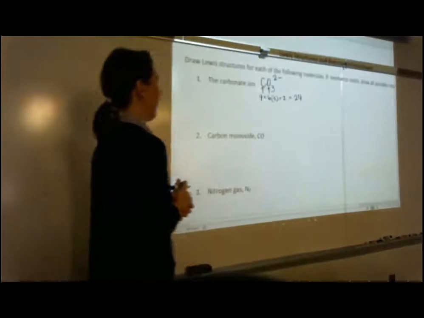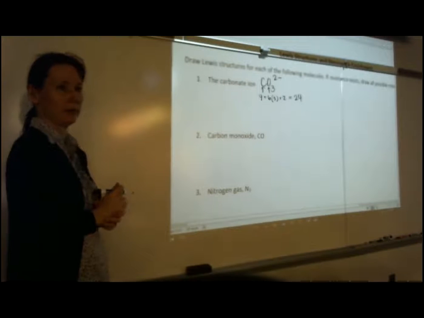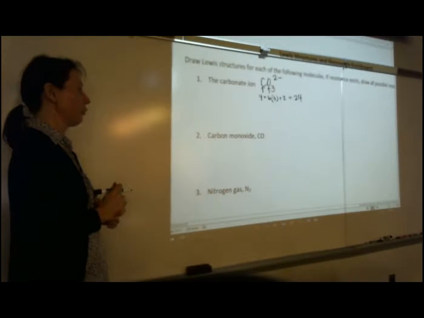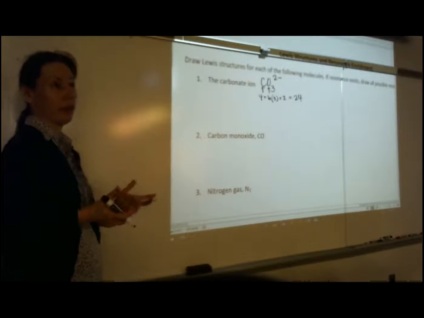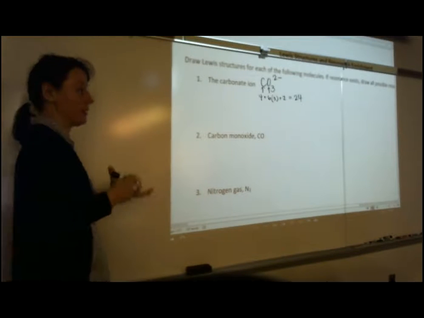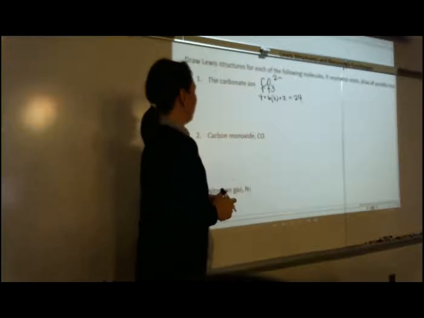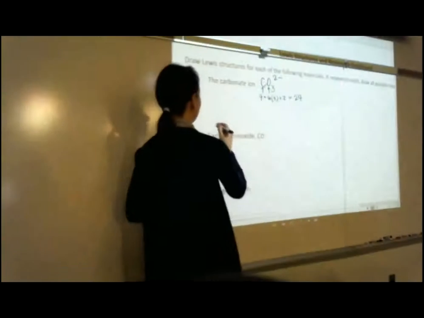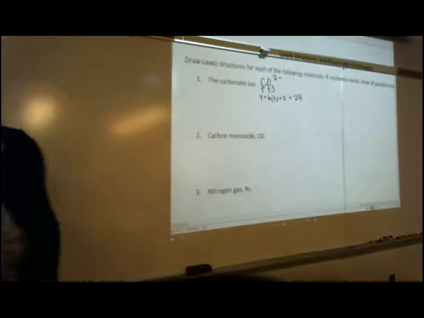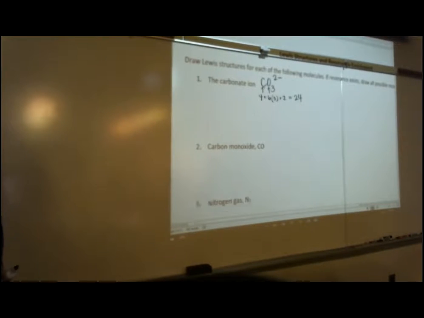So who is the central atom? How do you choose that? You need what information? Which one's the least? The least electronegative atom is in the center, right? Because that is the one who's best at sharing. So who is in the center, carbon or oxygen? Carbon, right? So I'm actually going to give myself a little bit more space here.